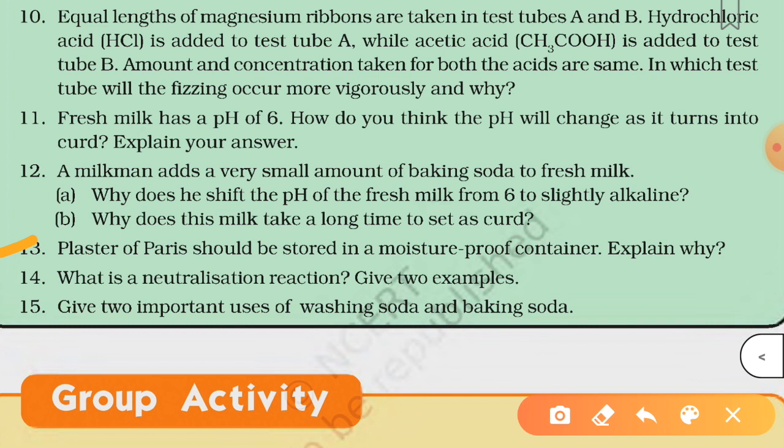They simply apply water and POP powder on cotton gauze and apply it over the affected area, and later when it dries it becomes very hard. So to prevent this condition, we have to store POP in a moisture-proof container.